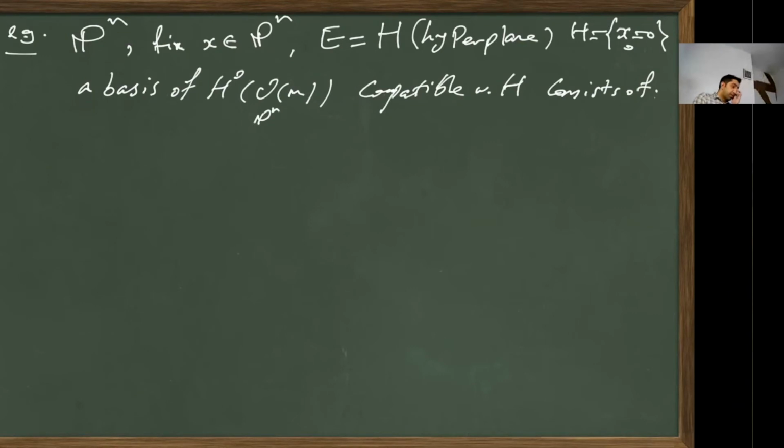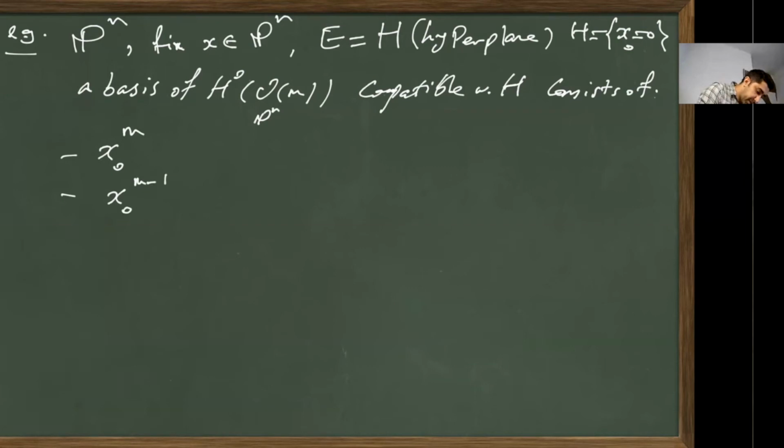At each step, I want to maximize the possible vanishing along E. So I obviously have this, which has the largest vanishing order along E. And then what else do I take?